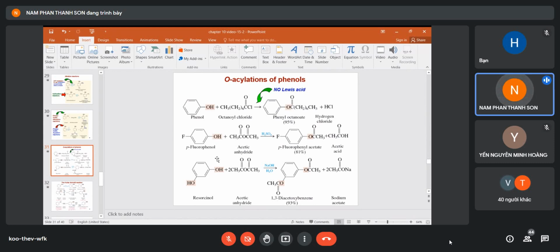For alcohol like ethanol, we can use carboxylic acid like CH3COOH for the esterification reaction. The mechanism is the negative oxygen will attack the positive carbon in the C double bond O, but it's more typical for phenol.